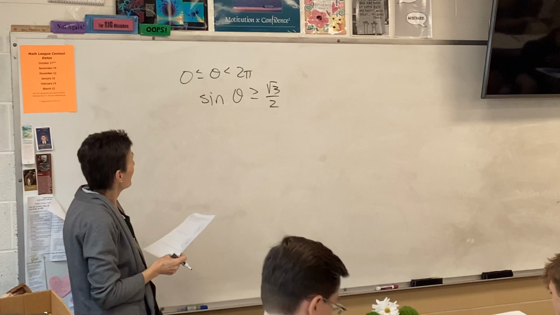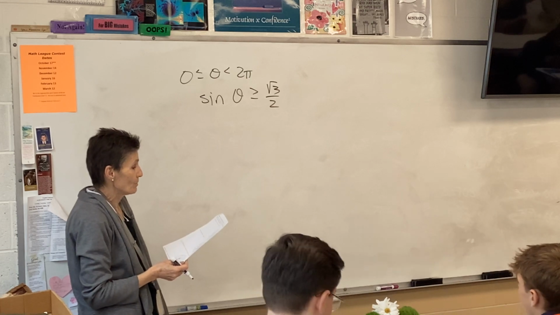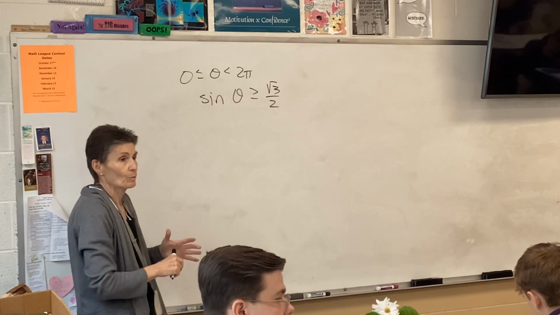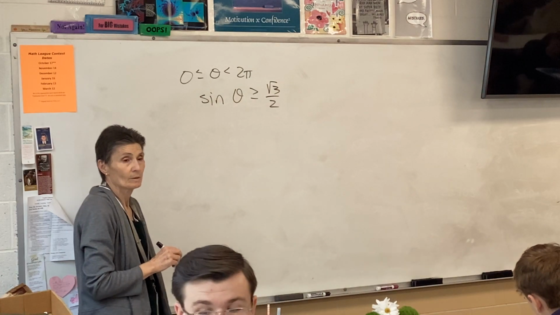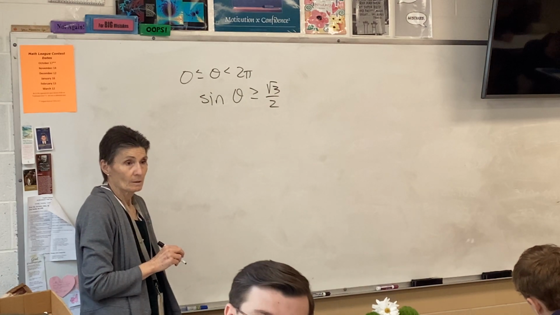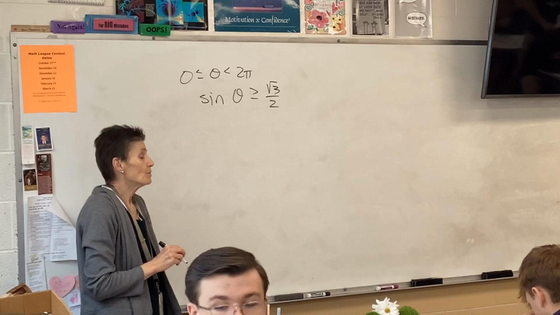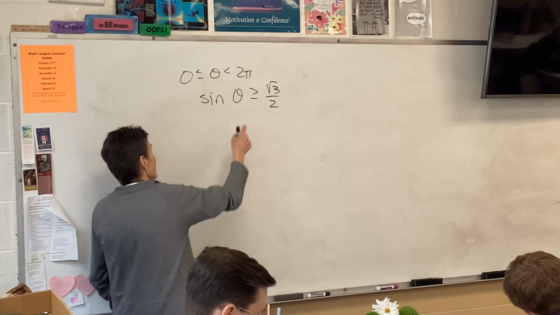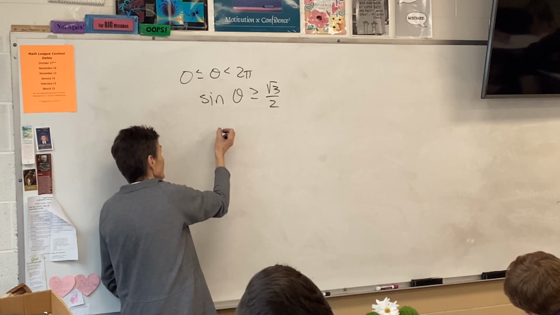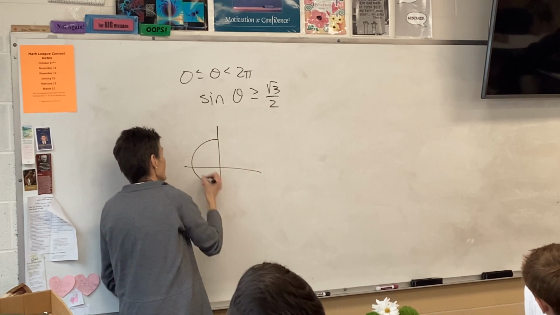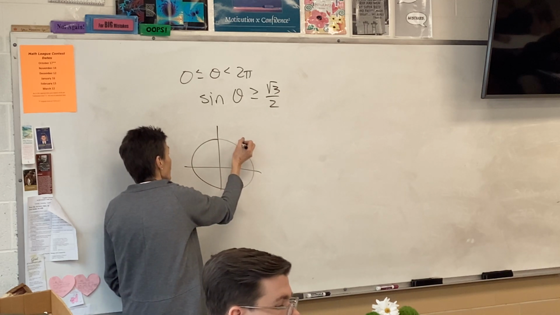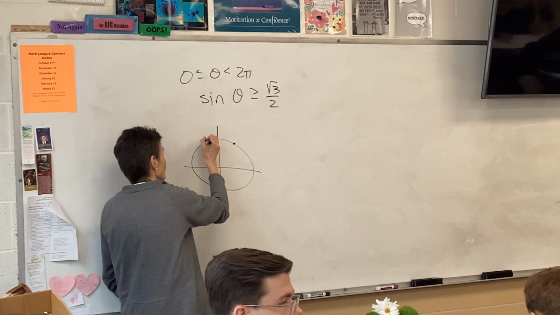And we want to find all the values for which sine is bigger than √3/2. You can do this however it flips your switch, guys. That is a pretty handy little number. You know where the sine is √3/2. Where is the sine √3/2?